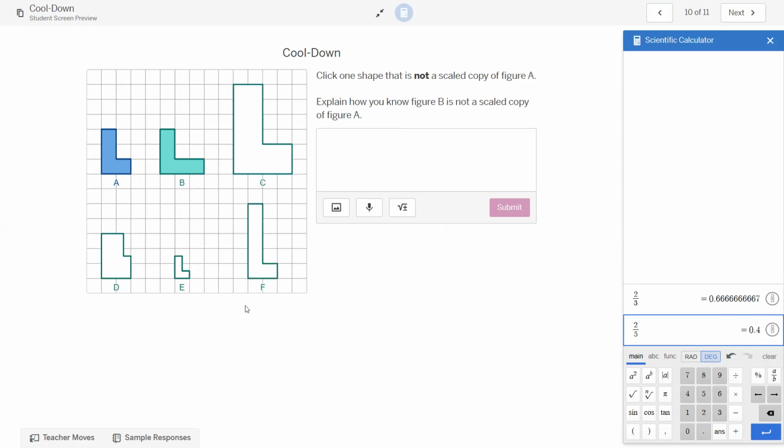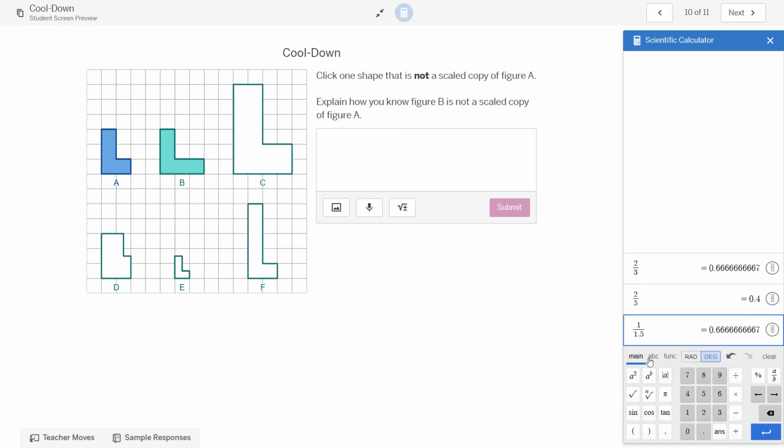Okay. Now this one right here could be a scale copy. The only problem is, look how fat it is. Just by looking at that, you can see that's not a scale copy. So yeah, this one right here is 1.5 by 1. That's basically 1 by 1.5. Let's put that in there. Let's do it. 1 divided by 1.5.